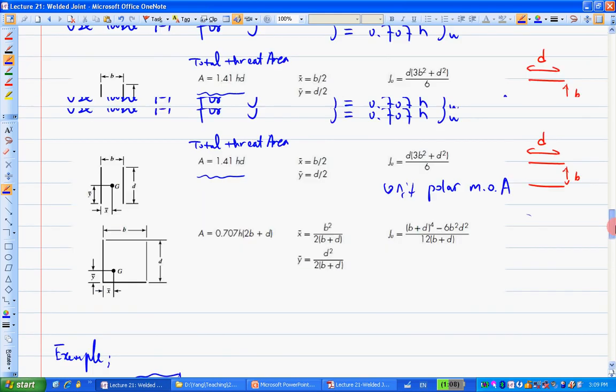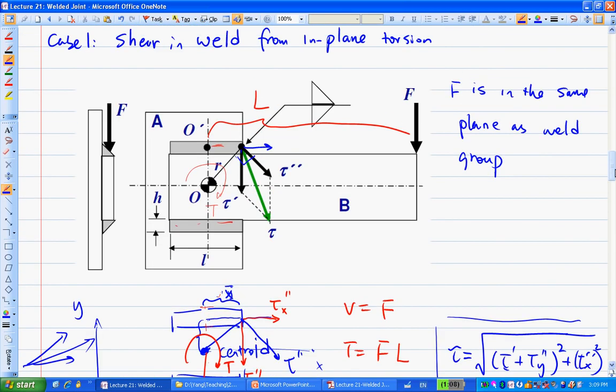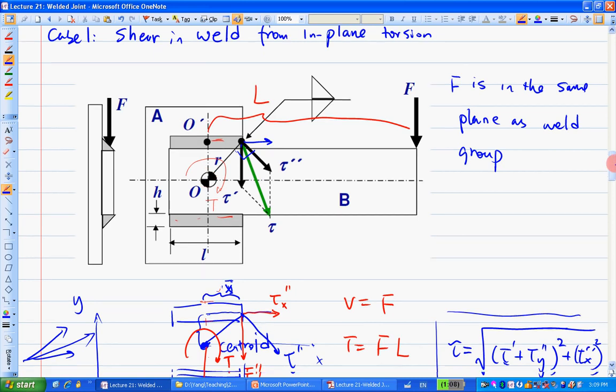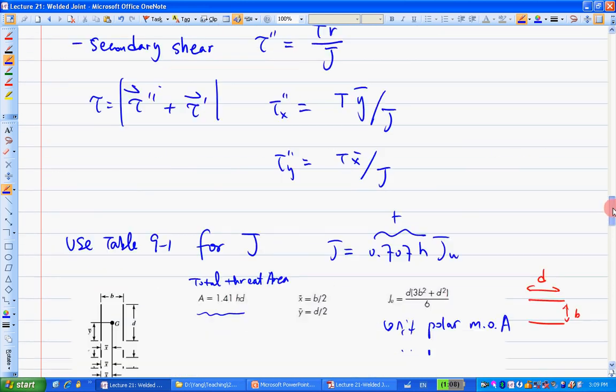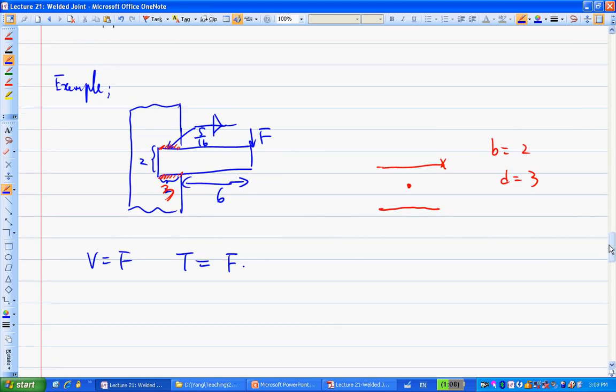So what should be the F times what? F times the distance to where? To the centroid, right? To the centroid. Let's use a 3.7. Okay, very important. Okay. Oh, sorry, 7.5. Yeah, 7.5.